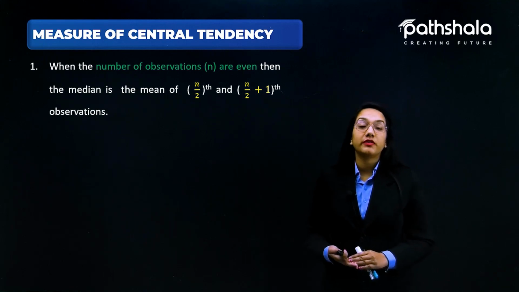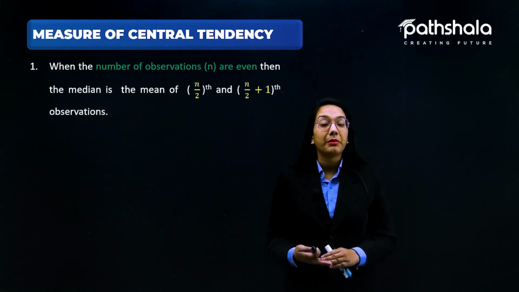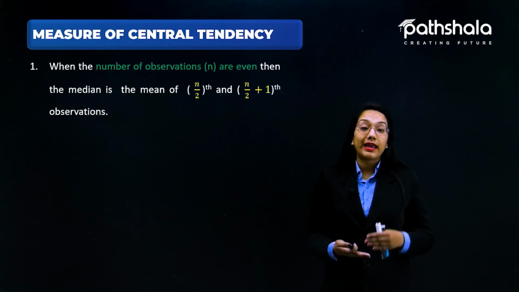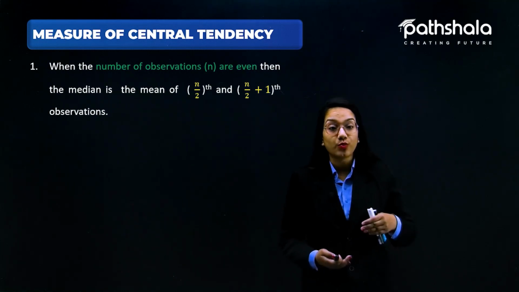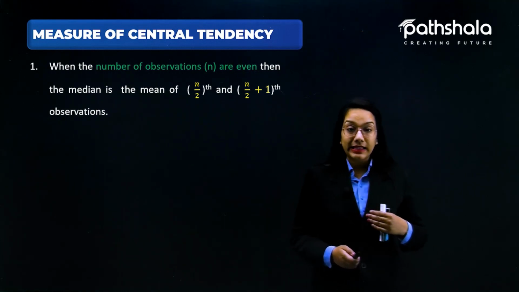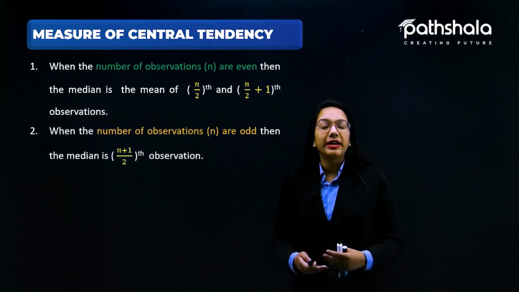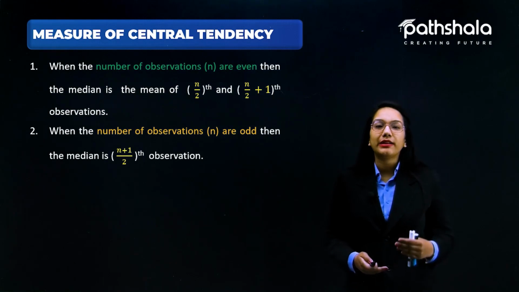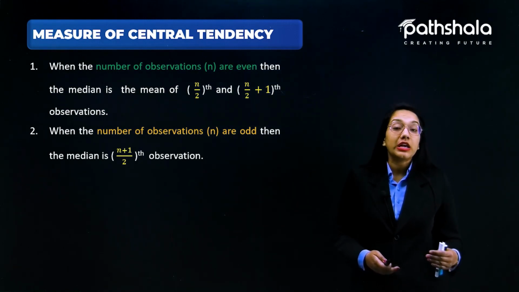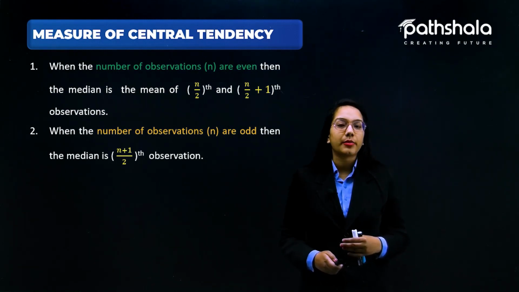If the number of observations n is even, then the median is the mean of the n by 2th and n by 2 plus 1th observation. And in case the number of observations is odd, then the median is n plus 1 by 2th observation. Now let's see how we can apply this in a particular example.